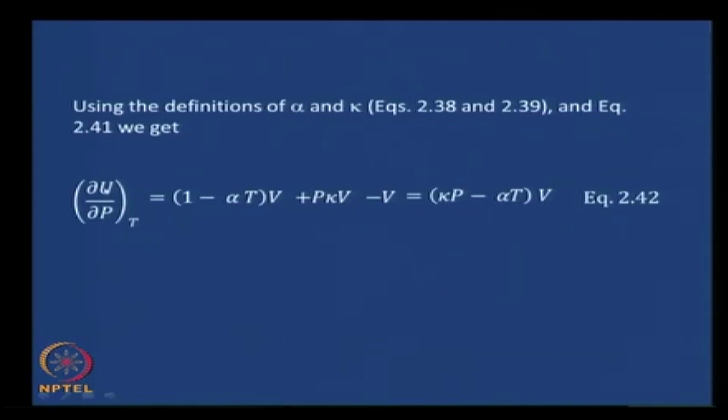Therefore you get ∂U/∂P at constant T is (1 minus alpha T) V plus P kappa V minus V, and with V common out, you get (kappa P minus alpha T) times V. So all this is in terms of kappa, P, alpha, T and the specific volume, all of which are measurable. Let us call this equation 242.